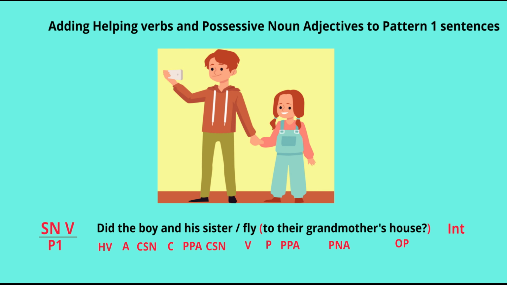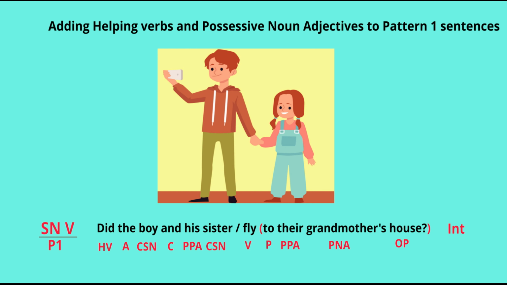Fly is the verb. To their grandmother's house. To what? To house. House is the noun. So house would be the object of the preposition. So this would be the prepositional phrase. To their grandmother's house. Here, their. Again it shows ownership, possession. So there would be the possessive pronoun adjective.